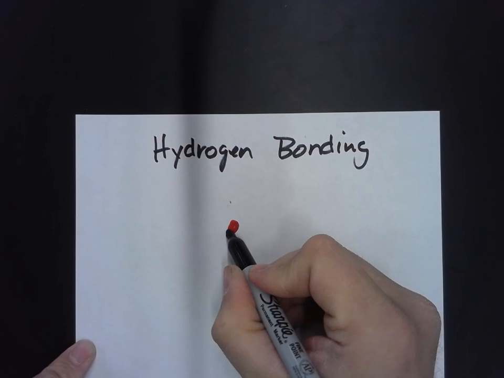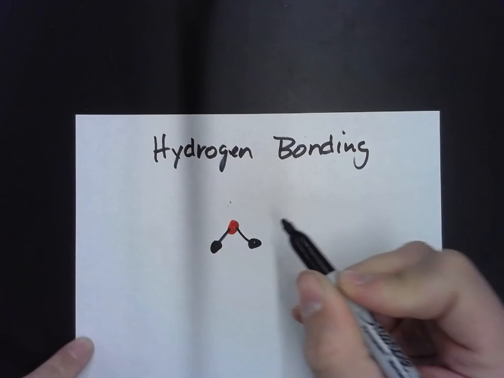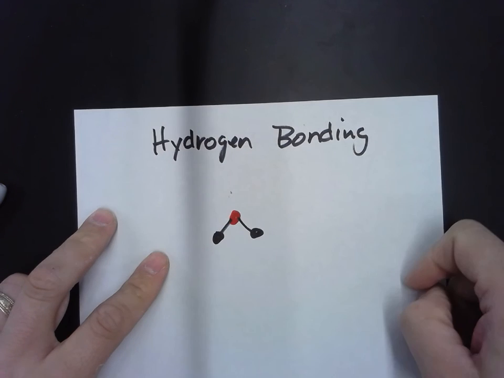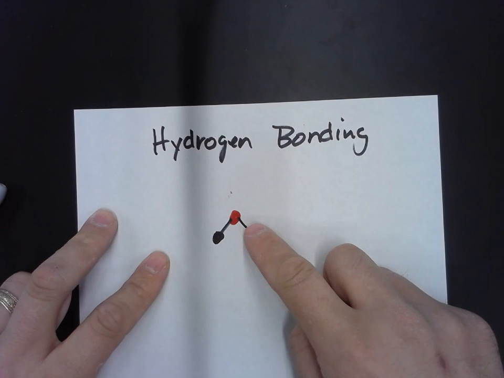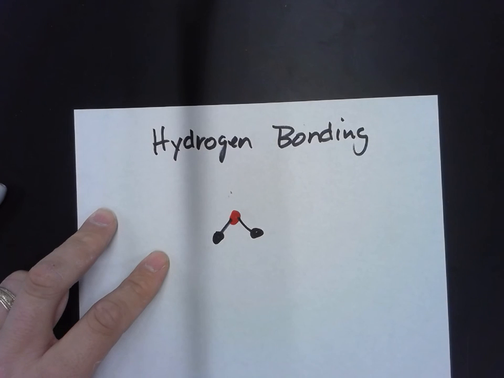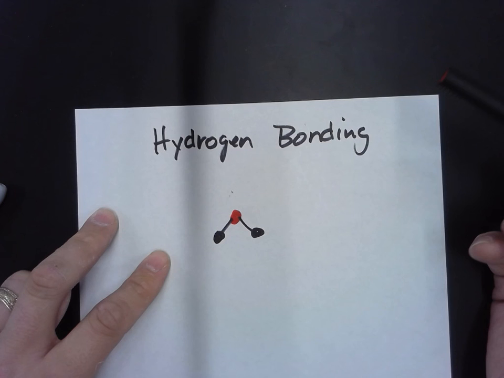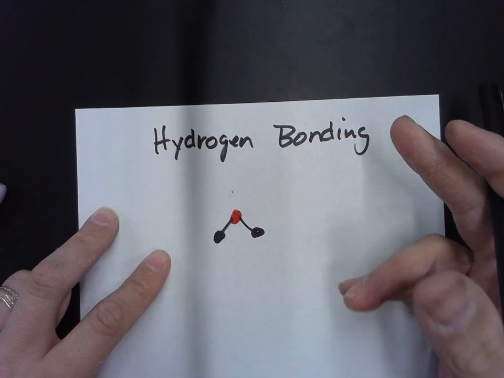Thinking back to the elephant and the tug of war, this thing is polar. We've already established that. What that means is that most of the time the electron is going to hover around this hydrogen. Let me clarify that that's not an entirely accurate way to say this, but it's going to work for this model.